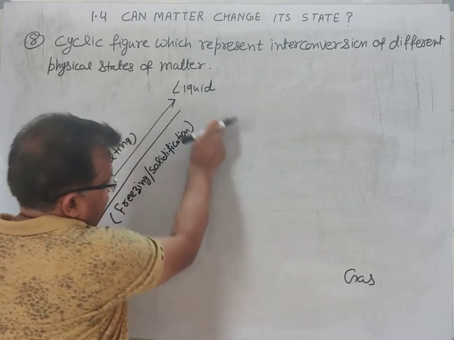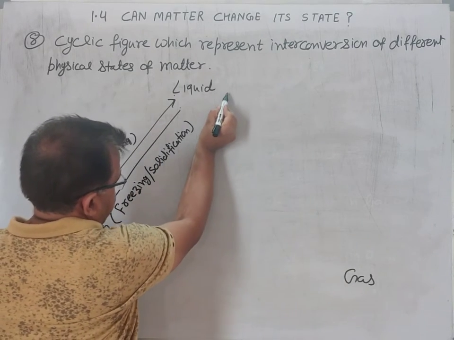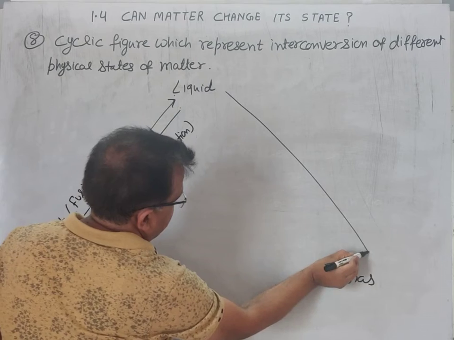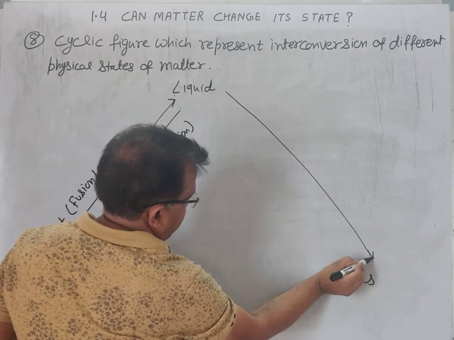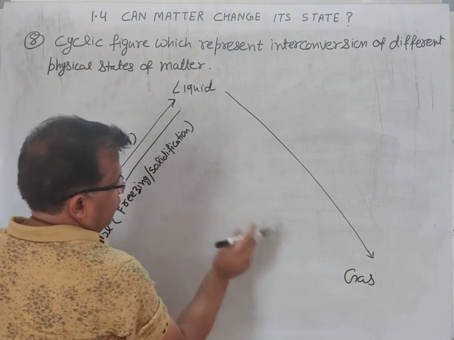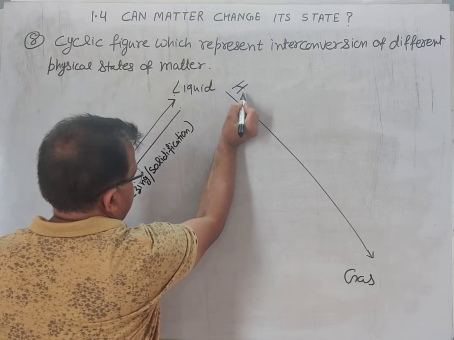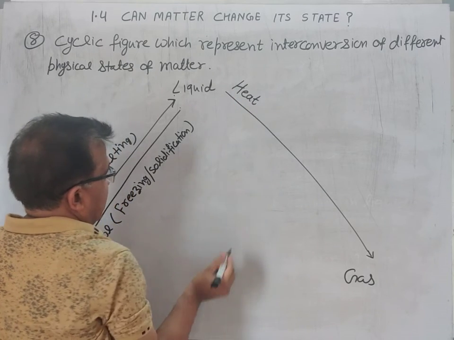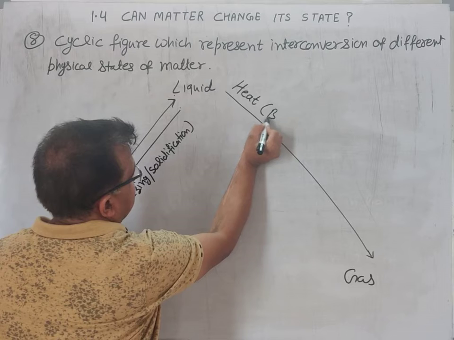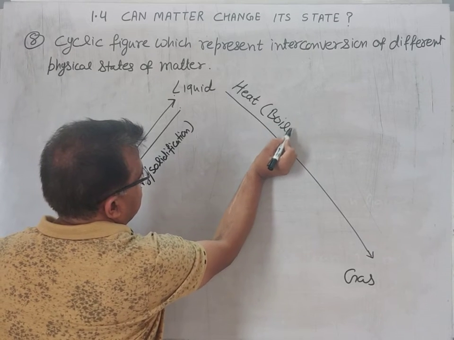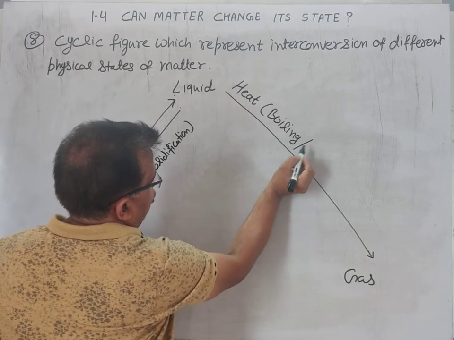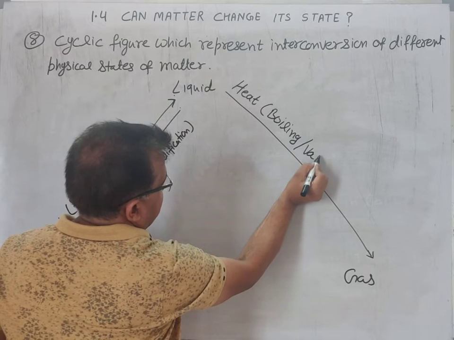Then how can liquid be converted into gas? Liquid can be converted into gas by heating, and the name of the process is boiling or vaporization.